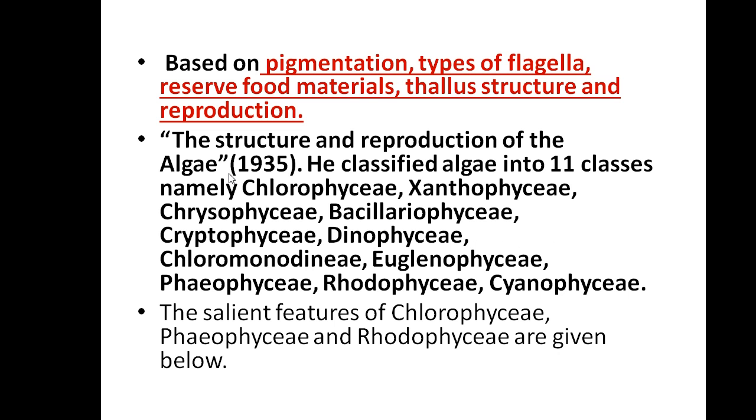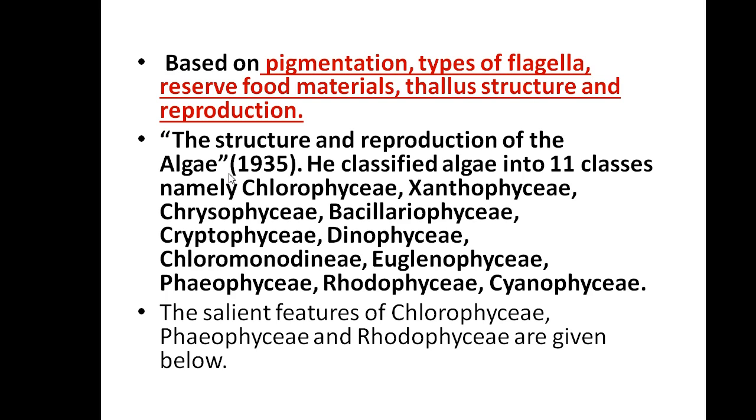Classification of algae. Algae are classified based on their pigmentation, type of flagella, reserve food material, and thallus structure, meaning their body structure, whether unicellular, multicellular, filamentous or colonial. They are also classified based on their reproduction.